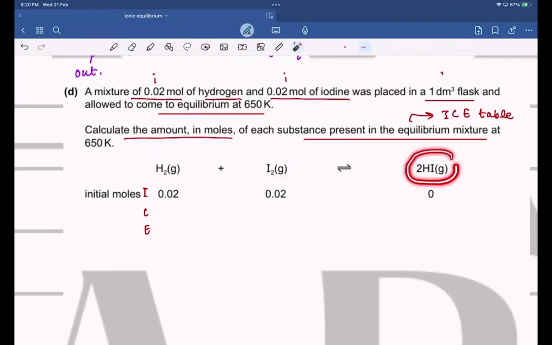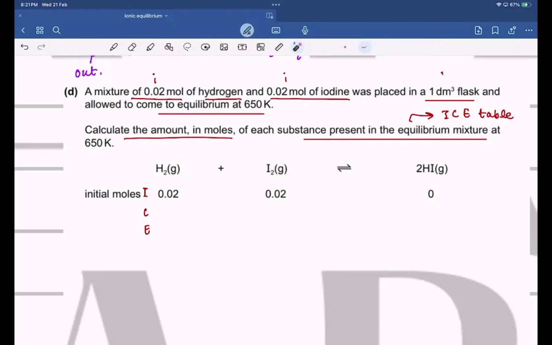And how many moles of hydrogen iodide are there? Two. So we can see over here the ratio between iodine and hydrogen iodide is 1:2. So it means if 1 mole of iodine is used up, then 2 moles of hydrogen iodide will form, isn't it? Yes, is this clear?